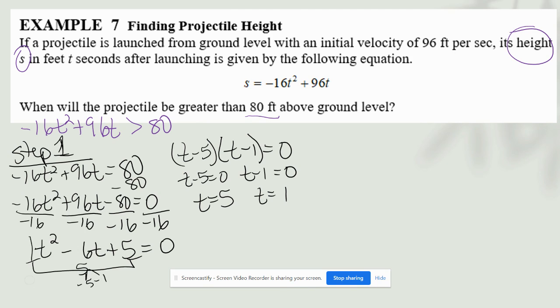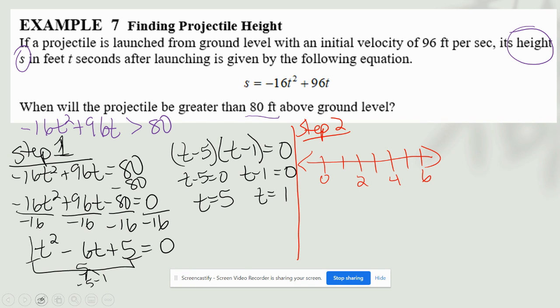All right. Step 2. We have our interval between 1 and 5. So 0, 2, 4, 6. And drawing at 1 and 5. So this is negative infinity to 1.